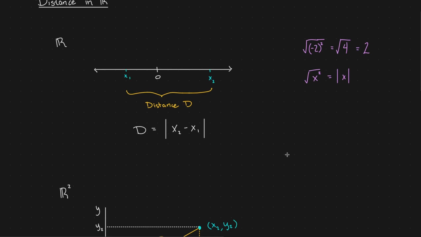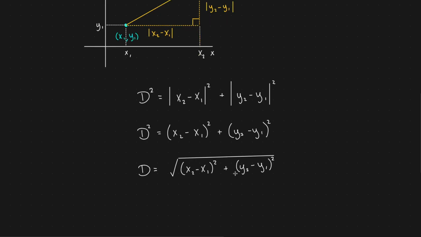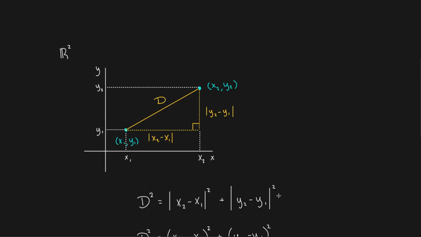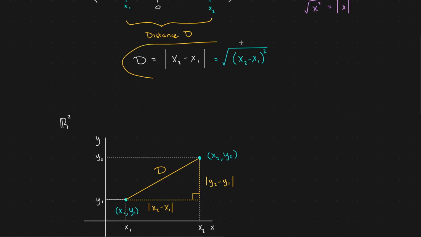Okay? Which means there's another way to write an absolute value. We can also write this as the square root of x2 minus x1 squared. It means exactly the same thing. And writing it like this, you can see that there is definitely a similarity between our two-dimensional distance formula and our one-dimensional distance formula. We're going to see this pattern continue.